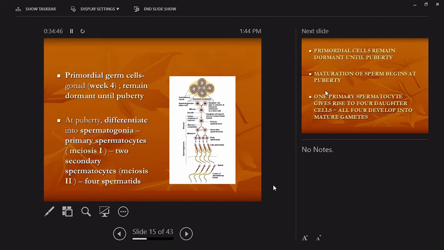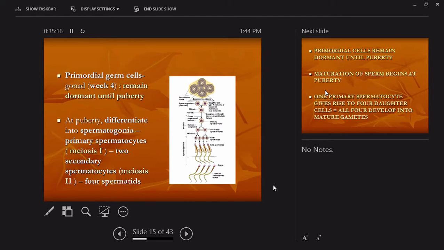So the spermatogonium differentiates into primary spermatocytes at puberty, which you call meiosis 1. And then to secondary spermatocytes, you call this meiosis 2, wherein you will now have 4 spermatids.